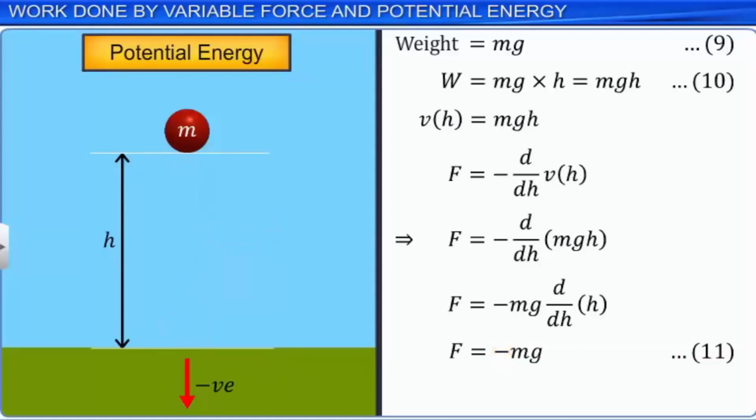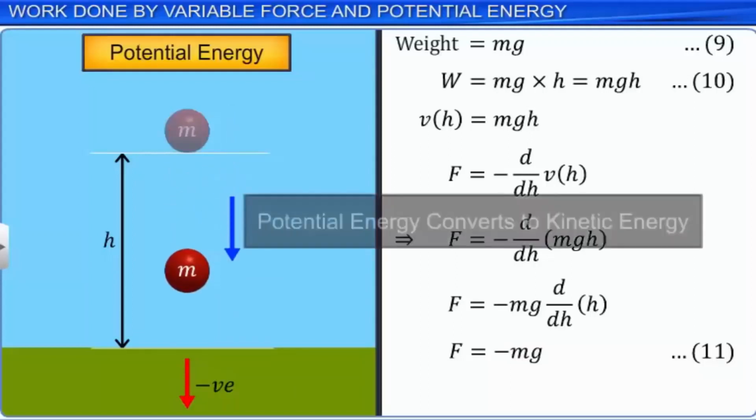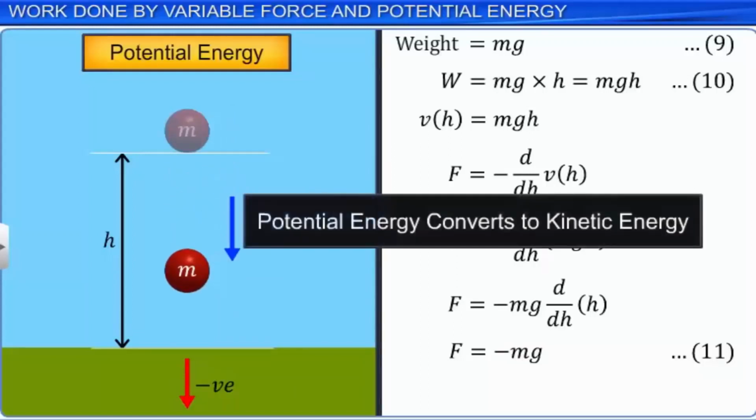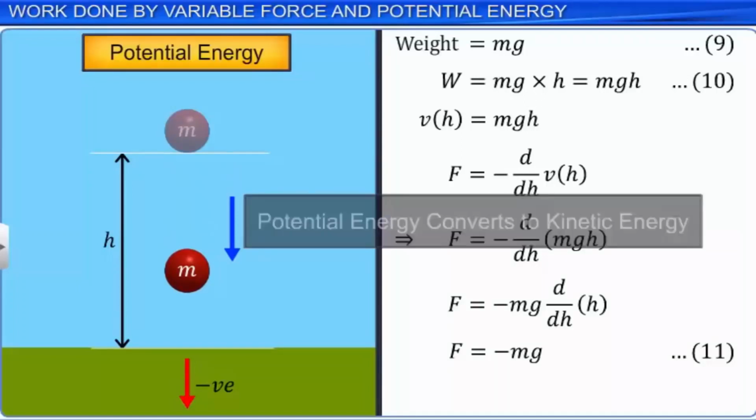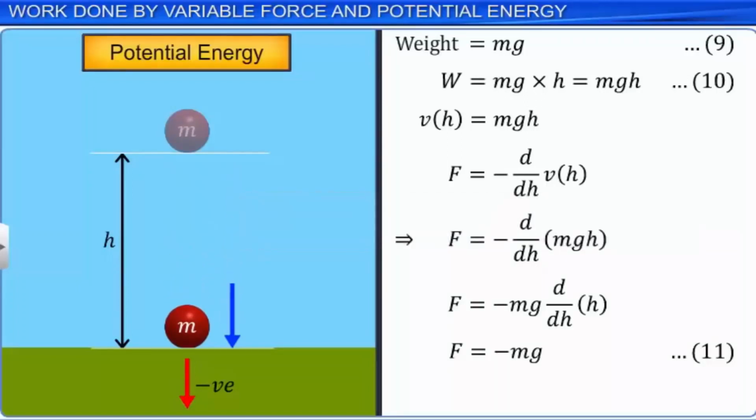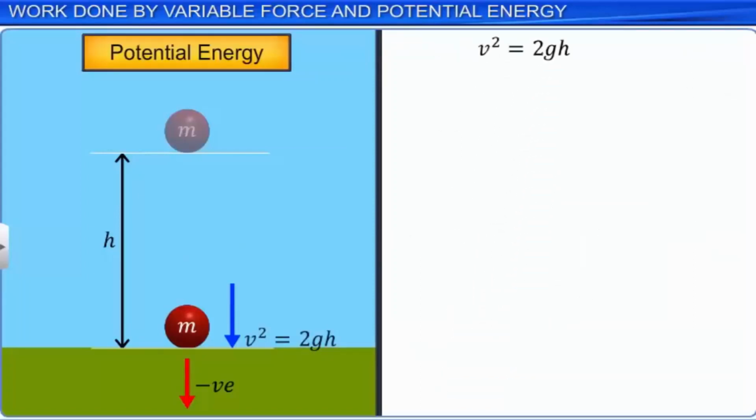Hence, when released, the body comes down with increasing speed, converting its potential energy into kinetic energy. The body strikes the ground with the velocity v denoted by the expression v square is equal to 2gh. On multiplying both sides of the above equation with half m, we get half mv square is equal to half m into 2gh, which is equal to mgh.